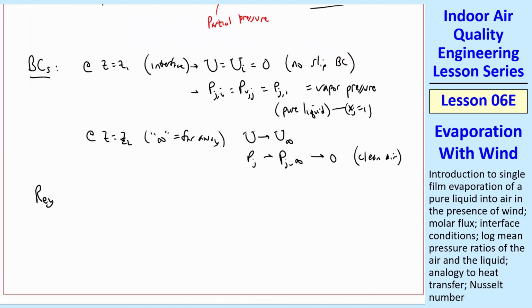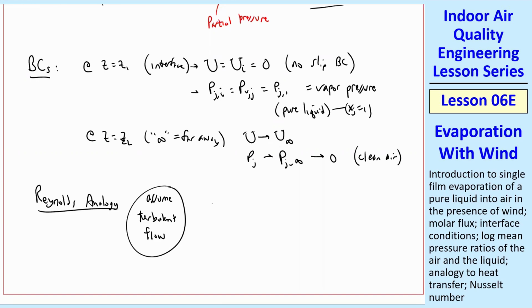Also, we have Reynolds analogy. We are going to assume turbulent flow, not laminar flow. And if you recall, for turbulent flow, we expect that the velocity boundary layer thickness, or film thickness, as the thermodynamics and heat transfer people like to call it, is approximately the same as the species boundary layer thickness, which is approximately the same as the thermal boundary layer thickness.